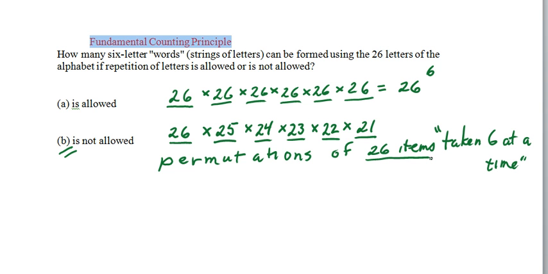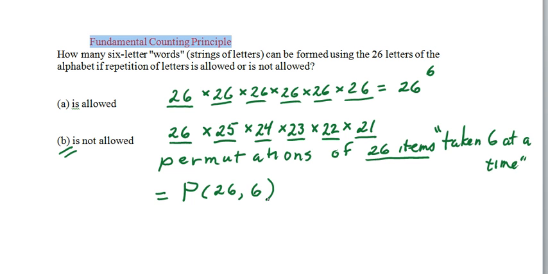And it is also denoted with a capital P parentheses 26, 6. We're going to see more examples of permutations in the later videos.